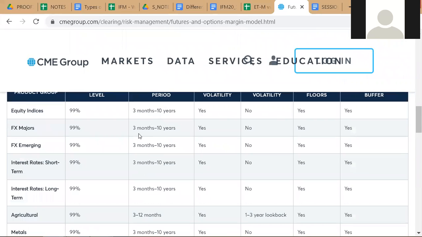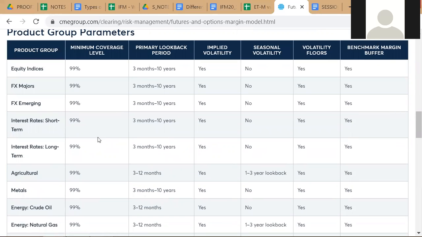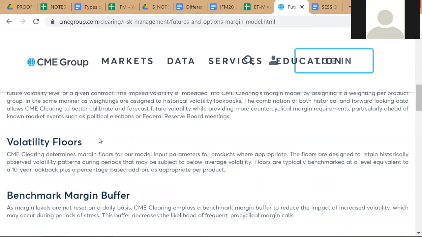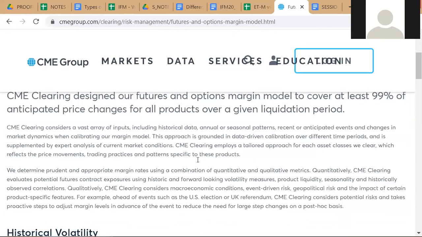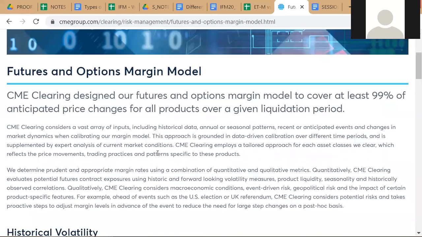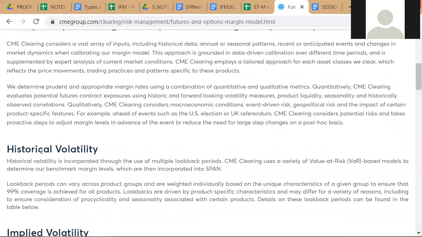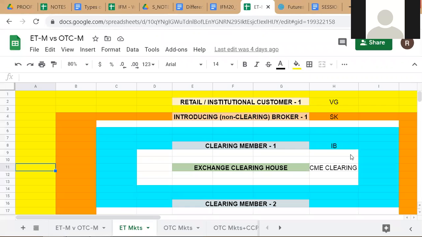So the point is basically there are different margin levels for different products, and the whole idea is based on volatility. Products which are more volatile tend to move around more, and so they will have higher margins. That's because these guys are trying to cover themselves for the risk of losses over 2 days.